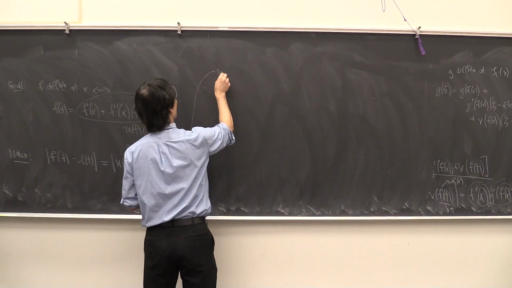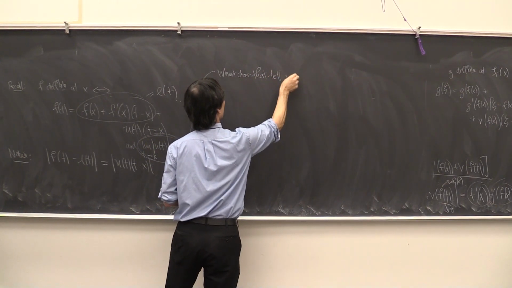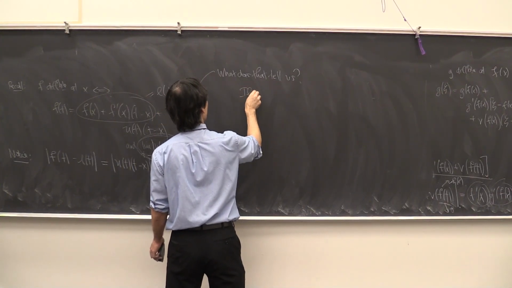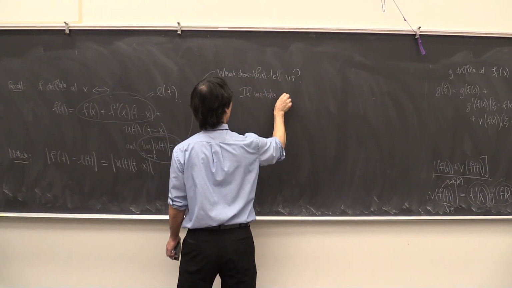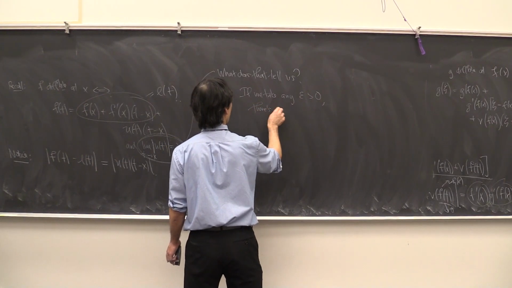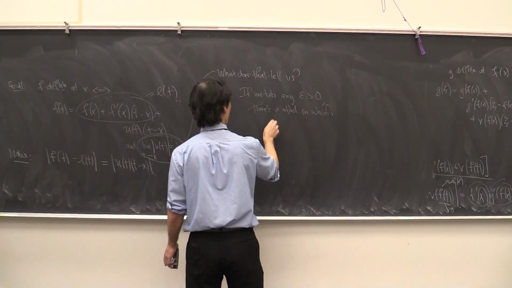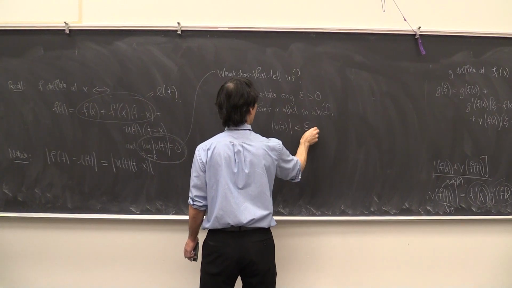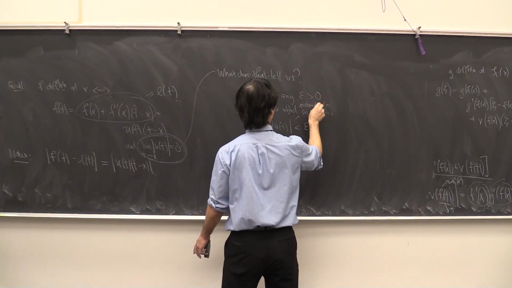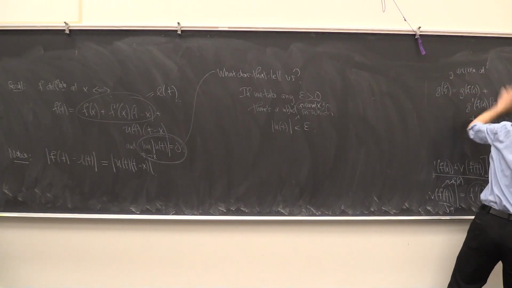It means that if we take any epsilon bigger than 0, there's a neighborhood around x in which u of t is smaller than epsilon.